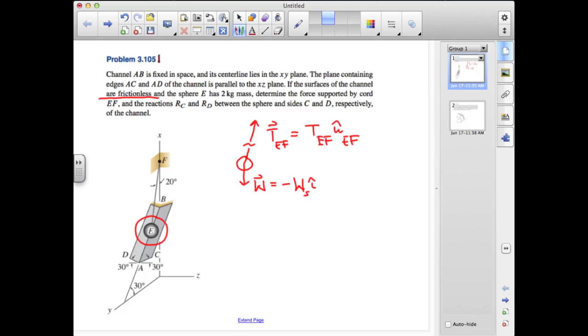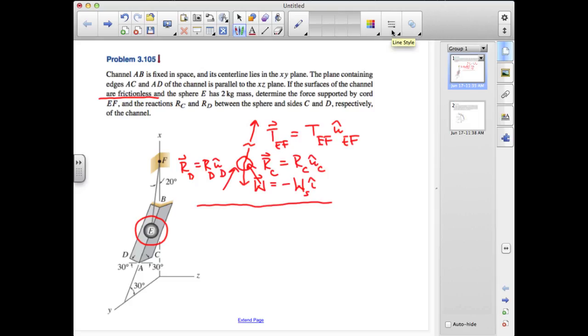For now, we'll represent those forces this way. On the left-hand side, we'll write the reaction at D is a magnitude we're trying to determine with the unit vector normal to the left surface of the channel. And on the right, we'll have a reaction C with an unknown magnitude on another unit vector normal to the channel on the right-hand side.